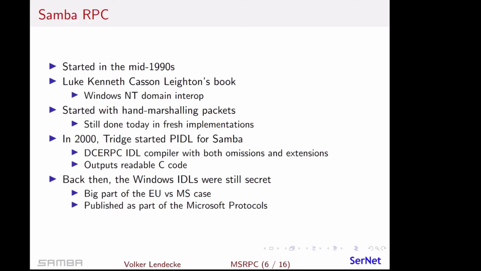In the mid-90s, or even when Tridge started to do PIDL, these IDL files were completely secret. So we really had to guess. And if you look at our IDL files, the definitions for the RPC calls, you'll still see some unknowns here that we could just now download from the Microsoft website and just fix.